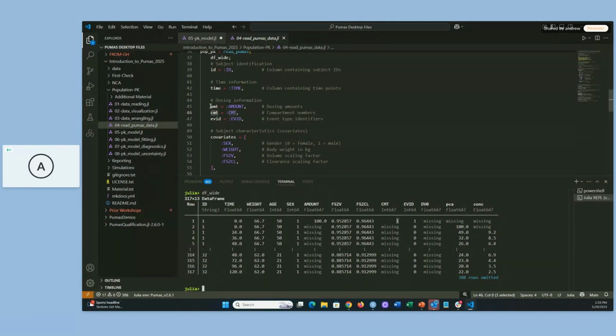So it's important to know that for amount and compartment, typically amount will be only on dosing rows. Typically for compartment, at minimum, it needs to be available for dosing rows, because you need to know where you're applying the dose. It is also good practice to have a compartment for your observations, the non-dosing rows, just to know, okay, this is a concentration within compartment 2, which is our plasma compartment.